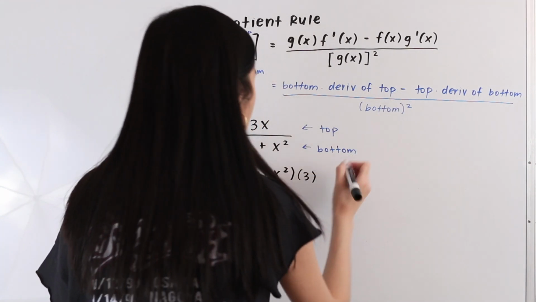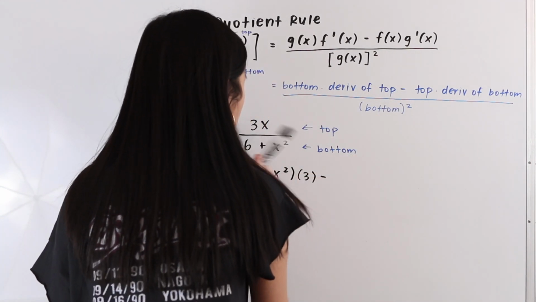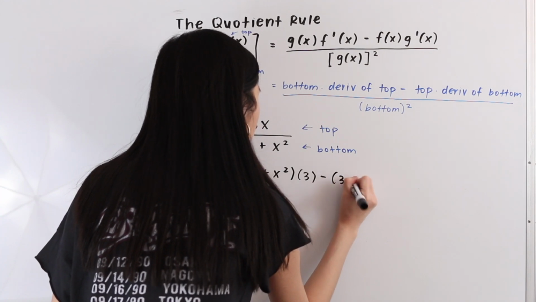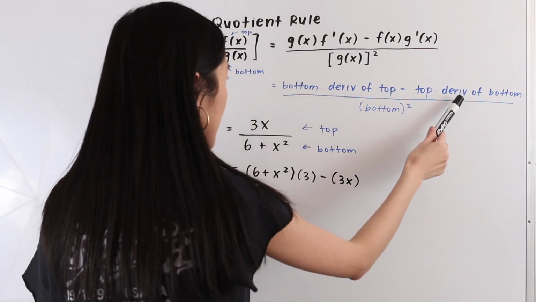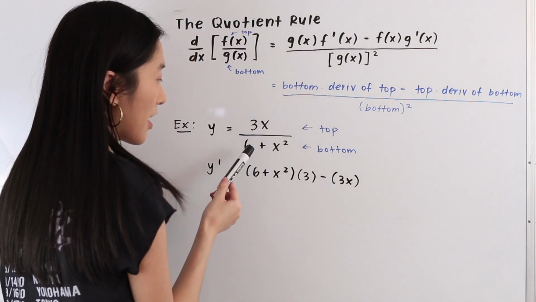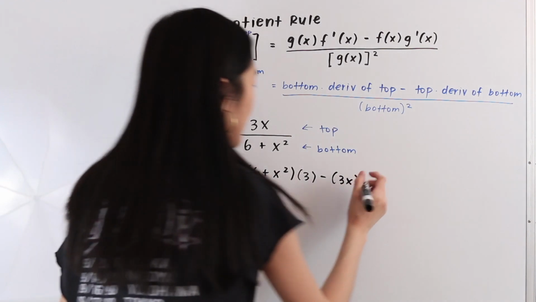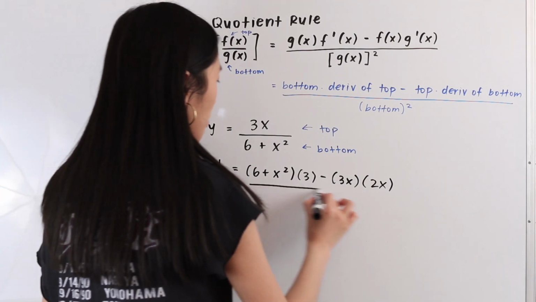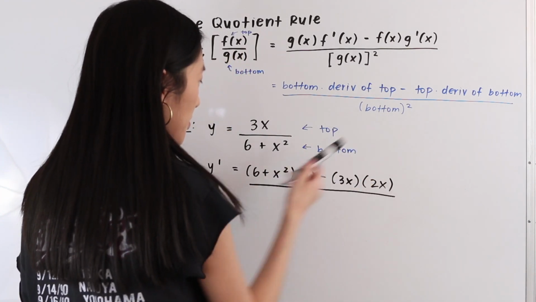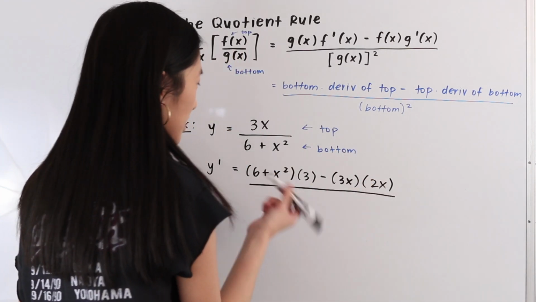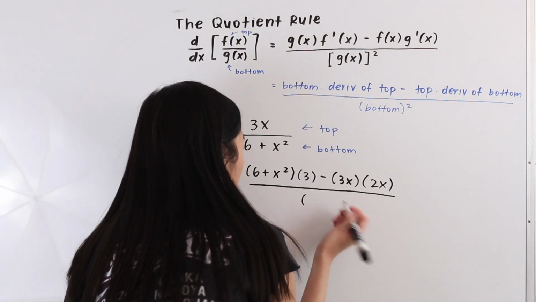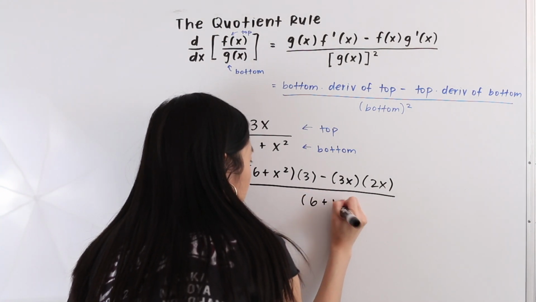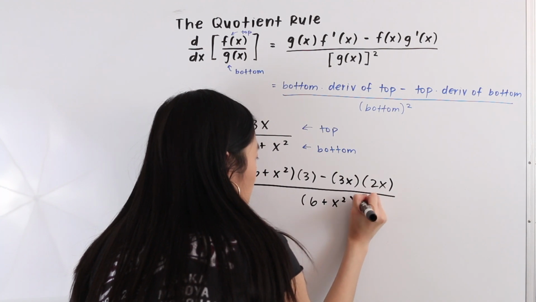And then we have minus the top function, which is equal to 3x, times the derivative of the bottom. So the derivative of 6 plus x squared is just equal to 2x. And this is all over the bottom squared. So the bottom function is 6 plus x squared, and in the denominator, we have 6 plus x squared, squared.